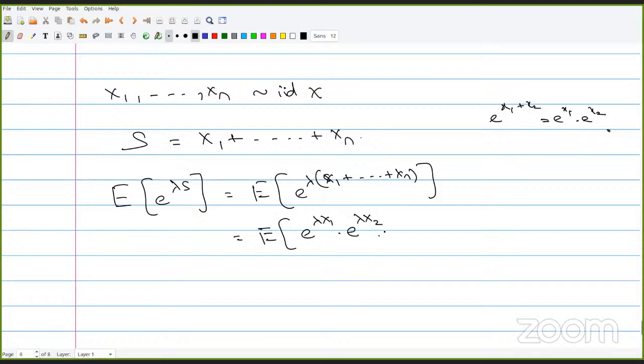Is the moment generating function for any distribution always unique? Unique, right? Any distribution will have a unique mean, unique variance. No, I'm talking about the distribution function.